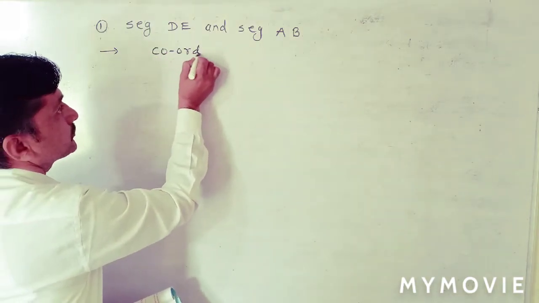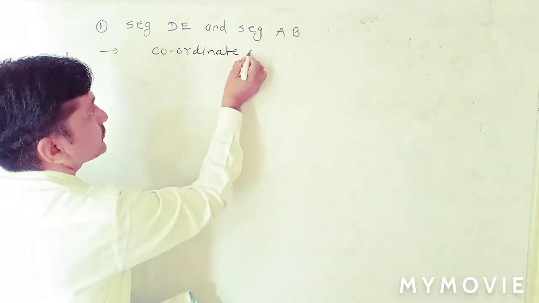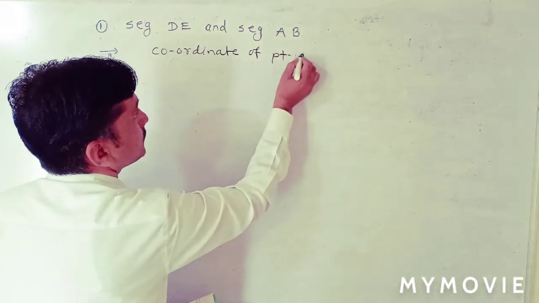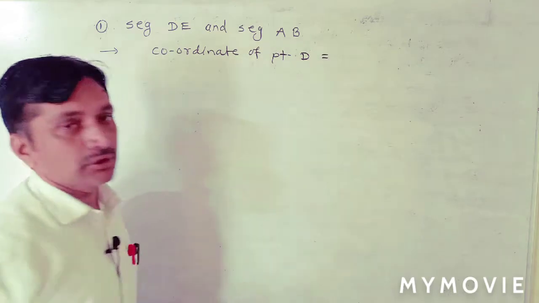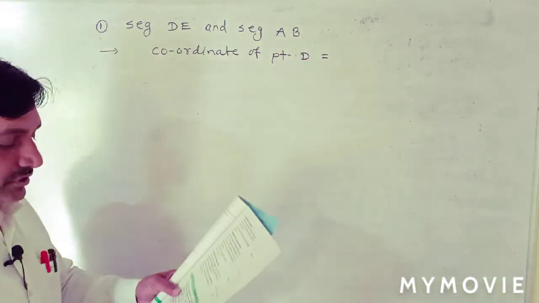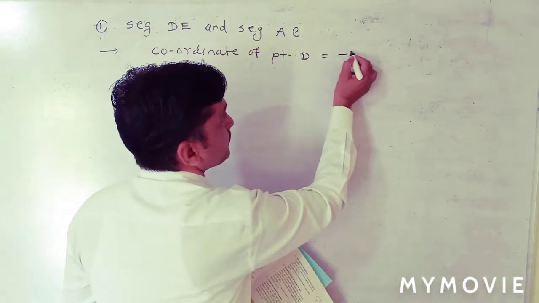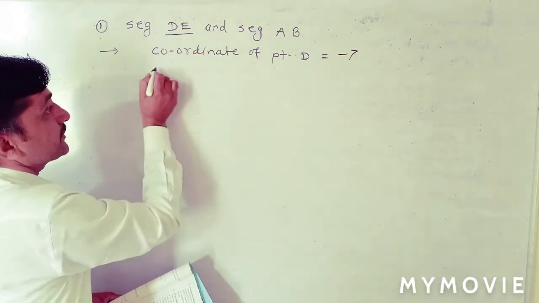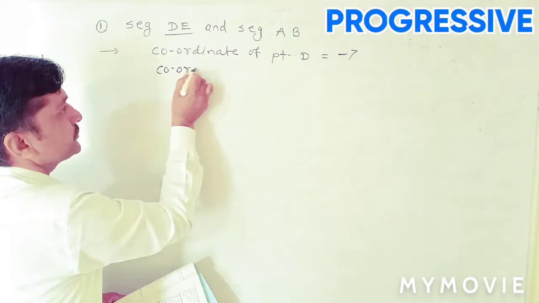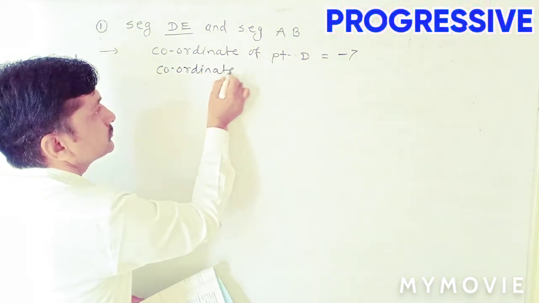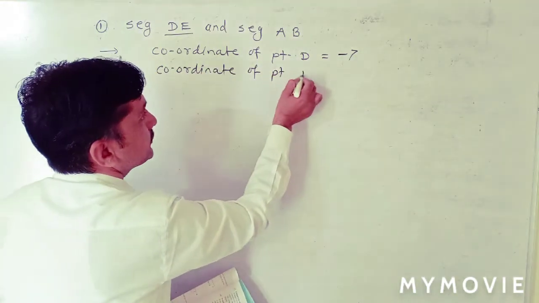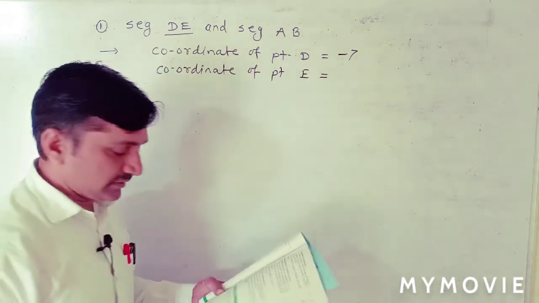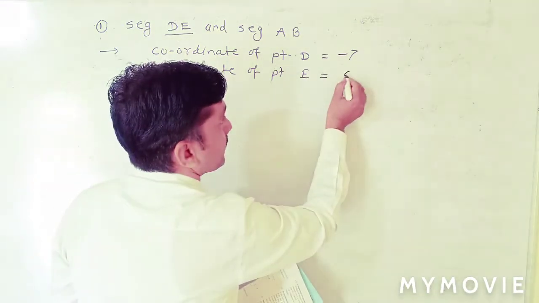Coordinate of point D is equal to, now coordinate of point D is given in the table, -7. After that write DE, coordinate of point E. Coordinate of point E is given, 9.